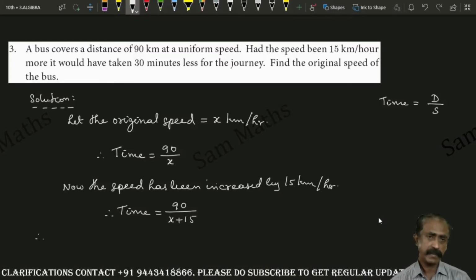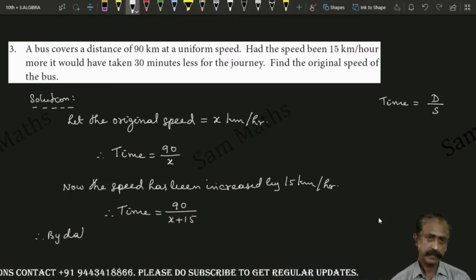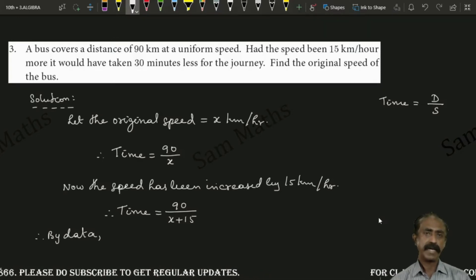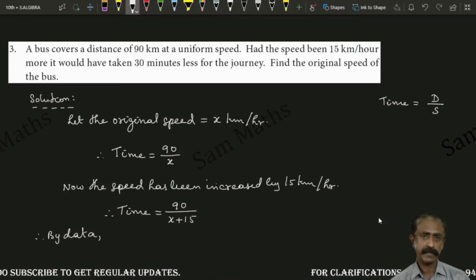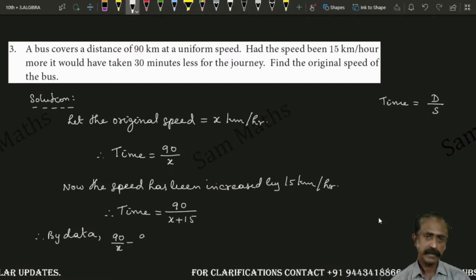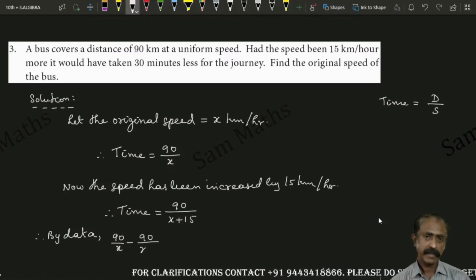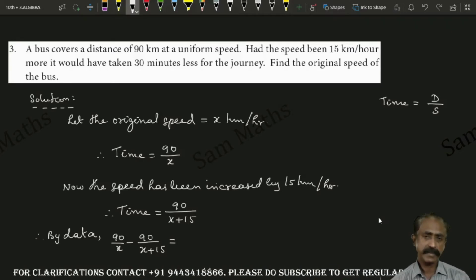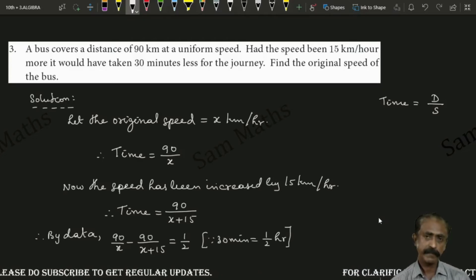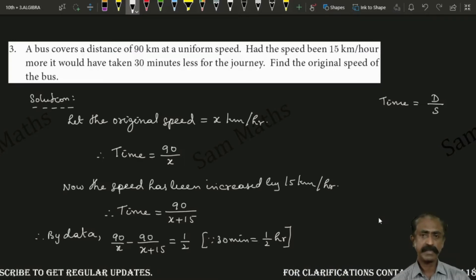Therefore, by data, what's given? It would have taken 30 minutes less. Therefore, 90 by x minus 90 by x plus 15 equal to 30 minutes. Since 30 minutes equal to half an hour. Clear, children? So now, as usual, you have to do the simplification.